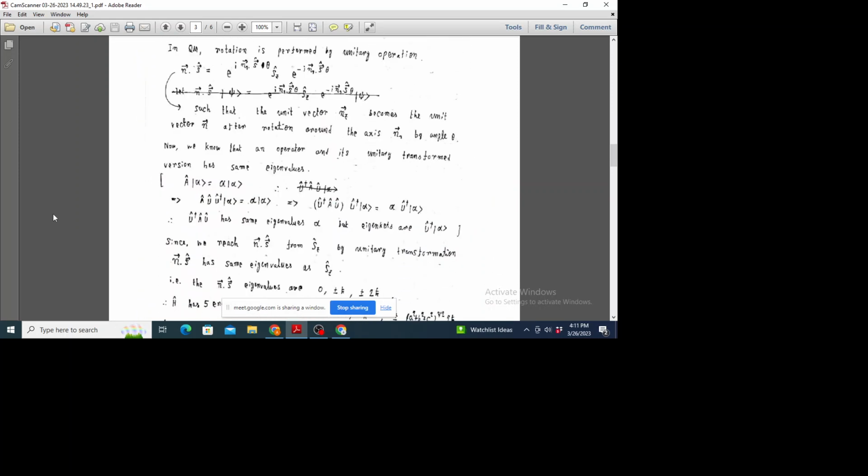Similarly, you can also find psi minus as this linear combination, and this corresponds to the minus h cut by 2 eigenvalue of this S dot n operator. So that much is fine.